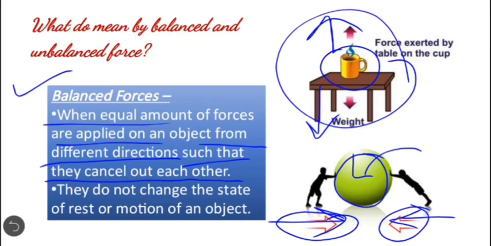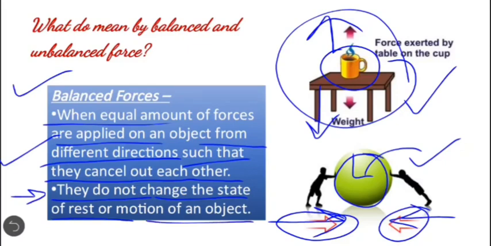So the cup is in a condition of balanced force. I hope these two examples clear the concept of balanced force. One more point about balanced force is that it does not change the state of rest or motion of an object.